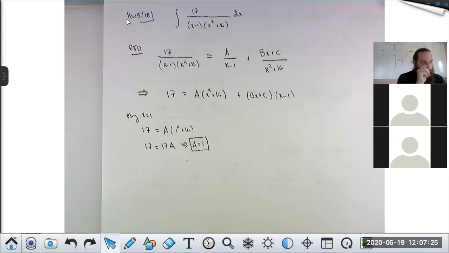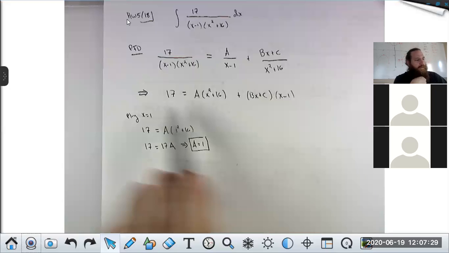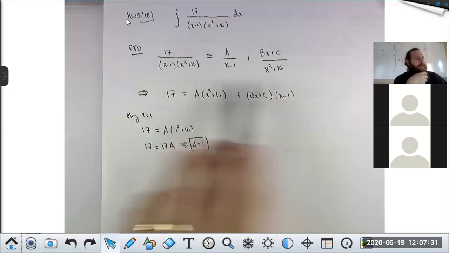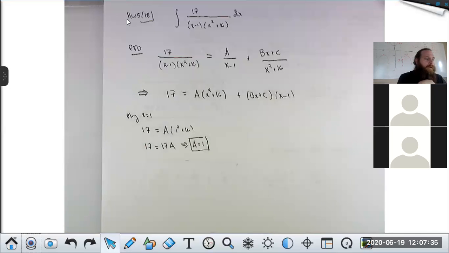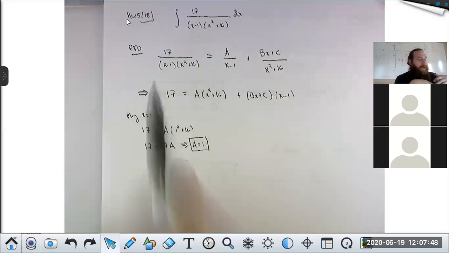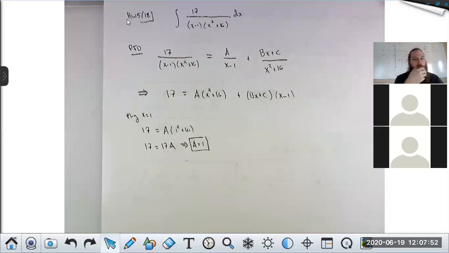Trick 1. Trick 2, this line should be true for every number x in the universe. You can plug in whatever you want. It's nice to plug in things that make a bunch of terms go away, but that's not the only option. I could plug in x equals 0 to this line, and even though it won't make everything go away except for one constant, it will still give me a true statement.